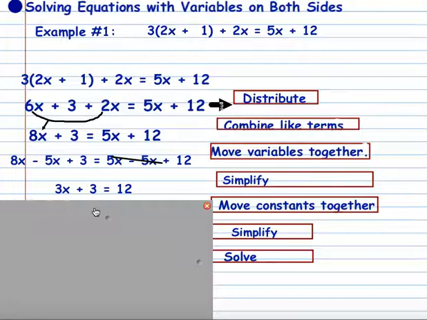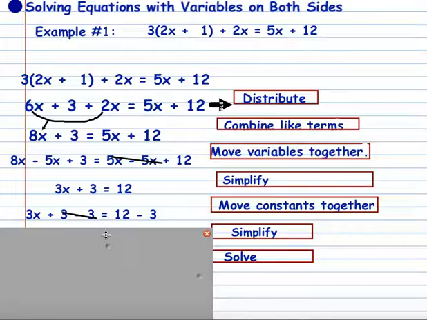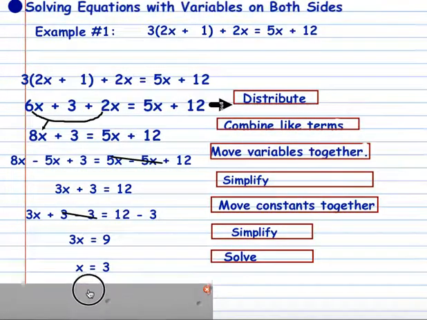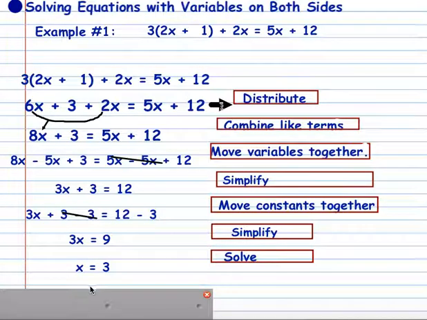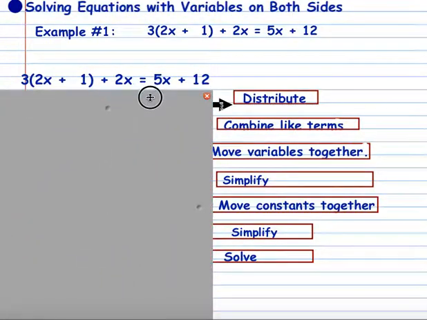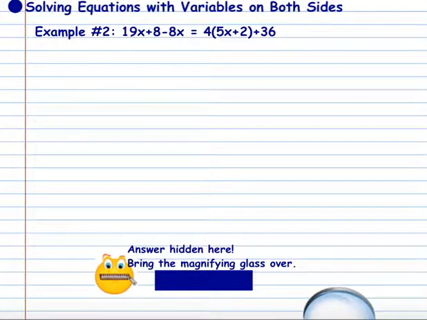Then we do the same thing with the constants, and this 3 is still stuck with the x, so I need to move it to the other side by subtracting 3. By doing that, we get 3x equals 9, and we need to solve. Well, we have multiplication here, so we need to divide to be able to solve. Okay? So all of those steps are necessary to figure out these equations with variables on both sides.